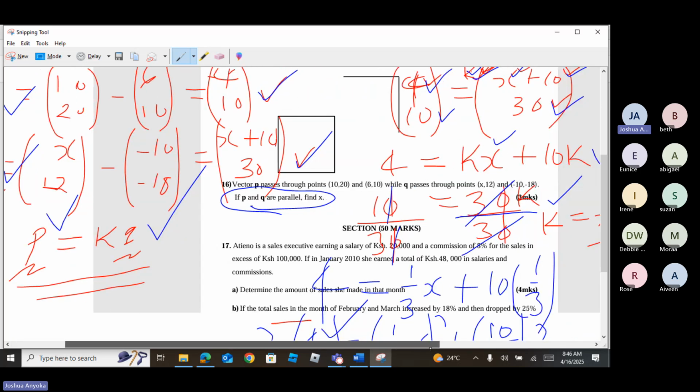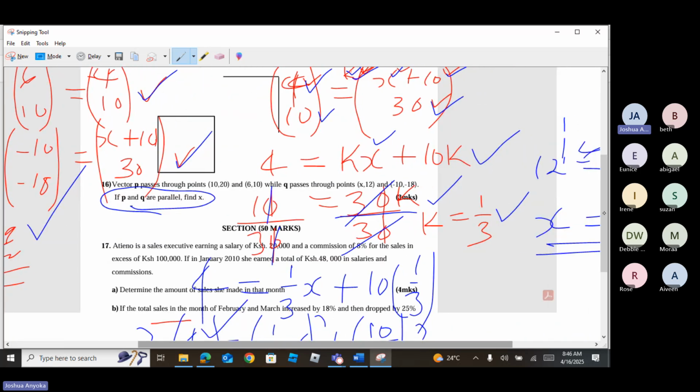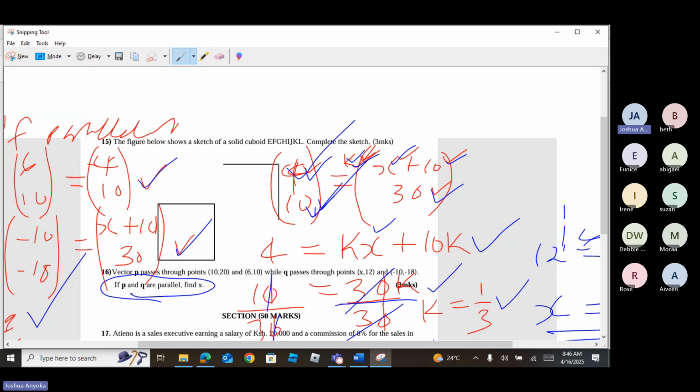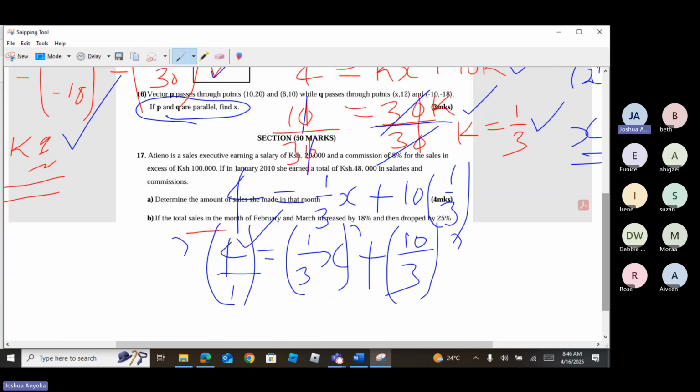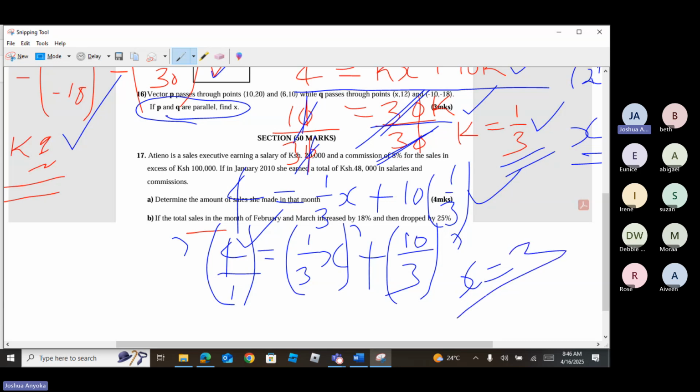Opening brackets, we get 4 is equal to kx plus 10k, and 10 is equal to 30k. From here, we work out the value of k as a third, substitute in the upper equation, then finally we get our x to be equal to 2.